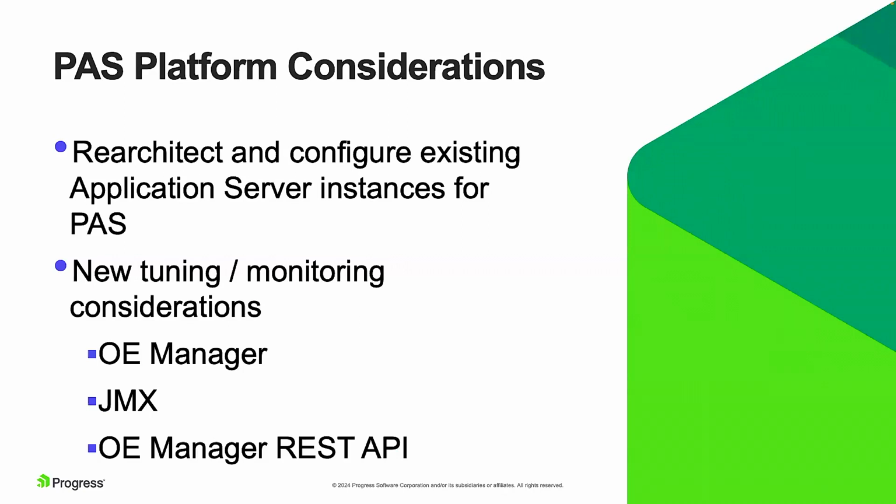So again, the re-architecture has to be done going from classic app server to PAS, and for tuning and monitoring, there are far more options for monitoring the PAS app server than there were for the classic app server. There's OpenEdge Management, JMX, OE Manager, REST APIs, and again, this is something we help customers with through consulting services, mentoring, that kind of thing.